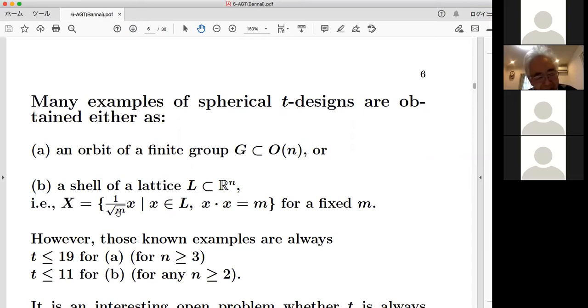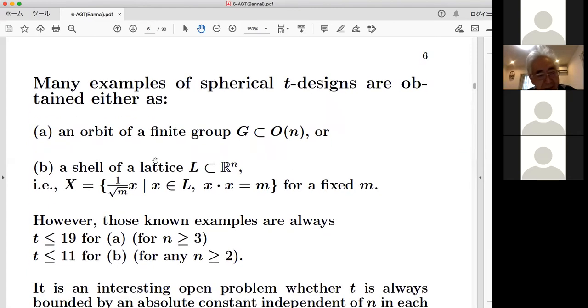A shell is a set of lattice points which are at a fixed distance from the origin. So in that case, x·x = m is fixed. Then if we normalize by 1 over the square root of m, this vector becomes a unit vector, so a subset of the unit sphere. And this way, we have many spherical t-designs from lattices.